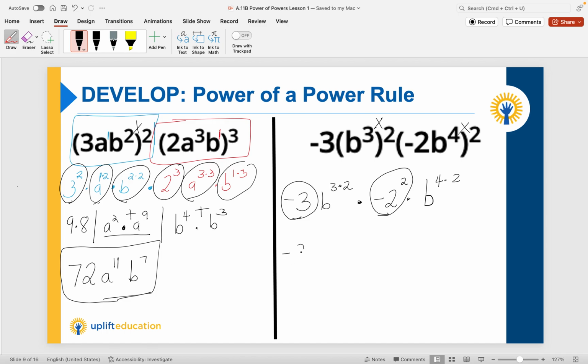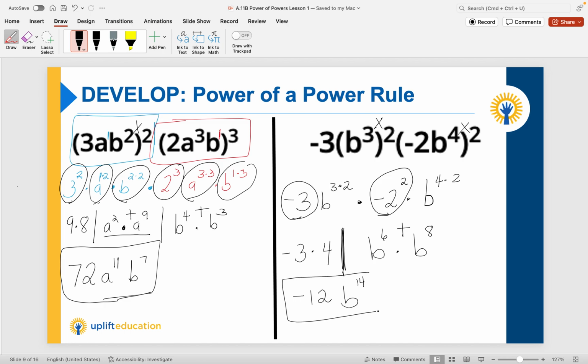So I'm doing negative 3 times 4, which would give me a negative 12. And we're going to put our b's in between. And then the only thing I have left is my b's. So 3 times 2 is 6, and 4 times 2 is 8. And I put my plus. So I know that gives me b to the 14th power.